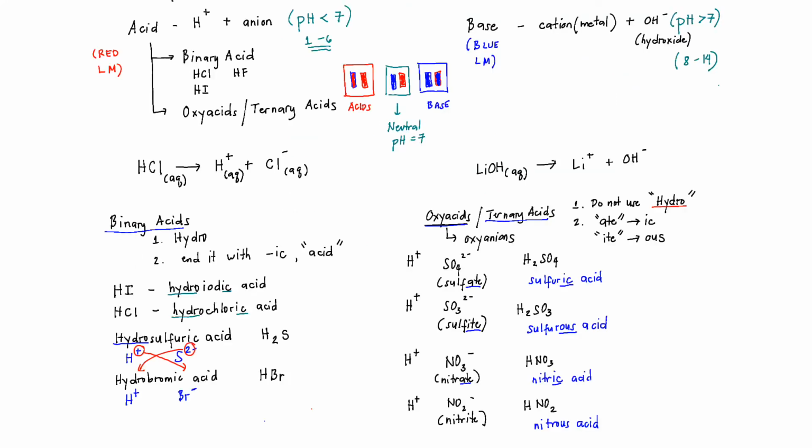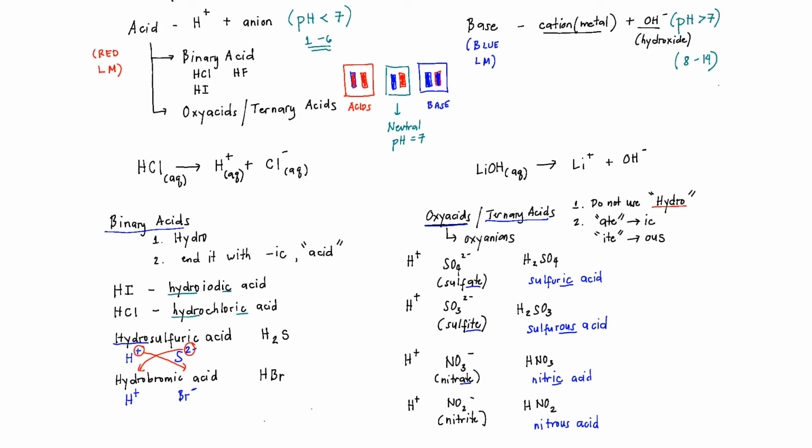Okay? Now for the base, it is quite easy, simply because we'll just have the same naming. I just want to emphasize that whenever you encounter a cation metal plus the OH, that is a base.